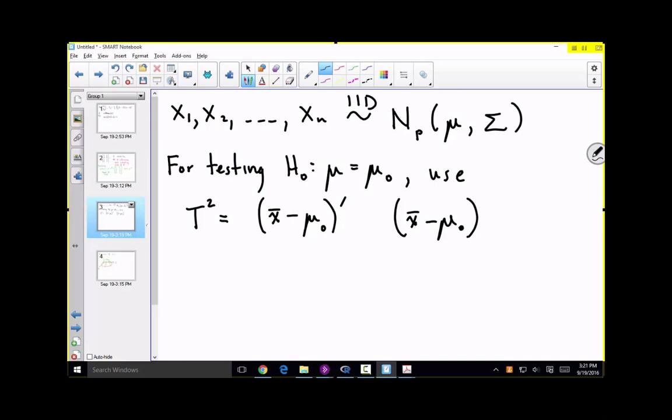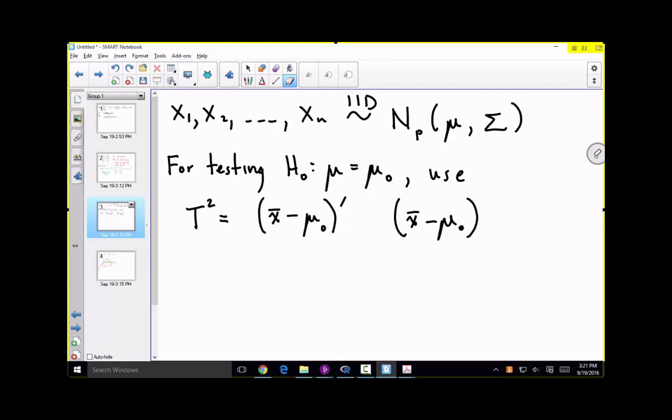We know that the covariance matrix of x bar is capital sigma divided by n. The variance of a mean is population variance divided by sample size.